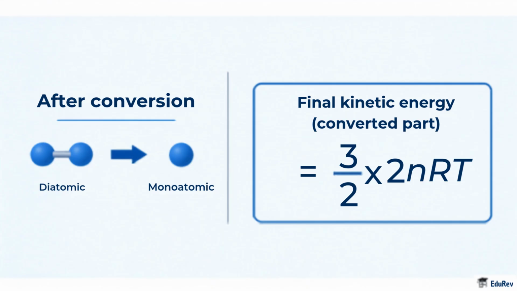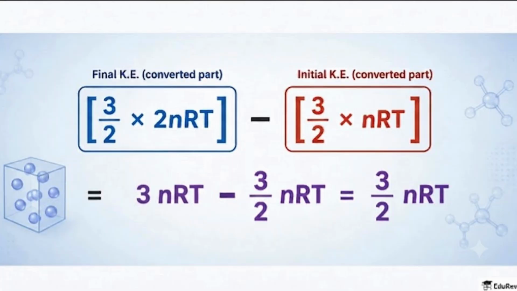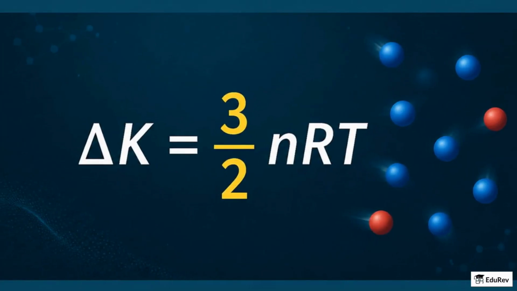After conversion, the final kinetic energy of that sample is 3 divided by 2 times 2N RT, because the form changes as stated in the question. Now subtract initial from final to get the change. 3N RT minus 3 divided by 2 N RT equals 3 divided by 2 N RT. So the change in kinetic energy is 3 divided by 2 N RT.